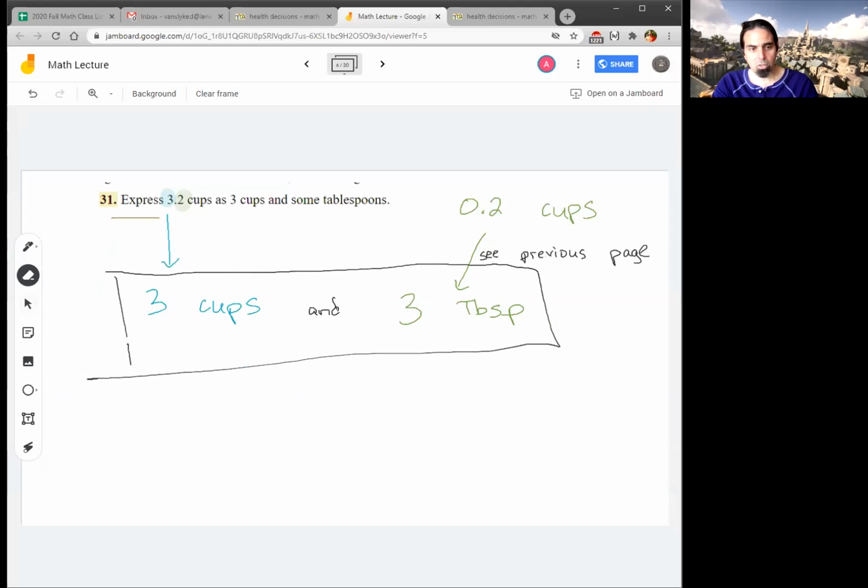So just be aware that sometimes that's the easiest thing to do, to sort of peel off the whole number. It just waits around, convert the decimal into what it asks you to do.